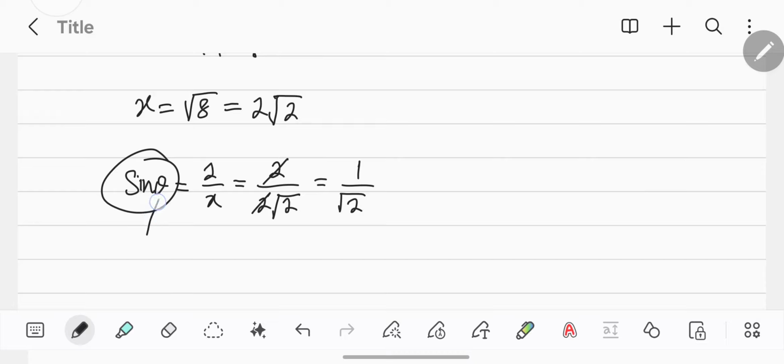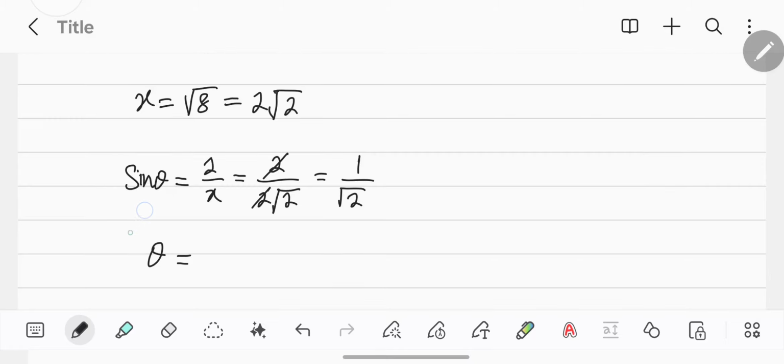So that means this angle theta can be found easily, because if sine theta is 1 by square root 2, then we can find theta by shifting sine to the right hand side. When I shift this sine to the right hand side, it will become sine inverse.